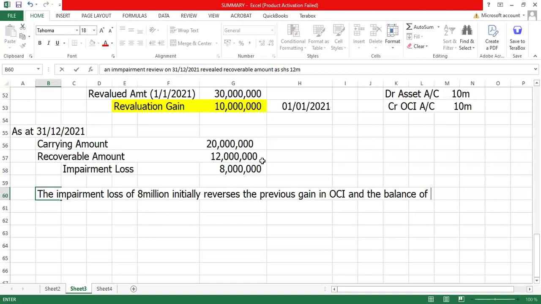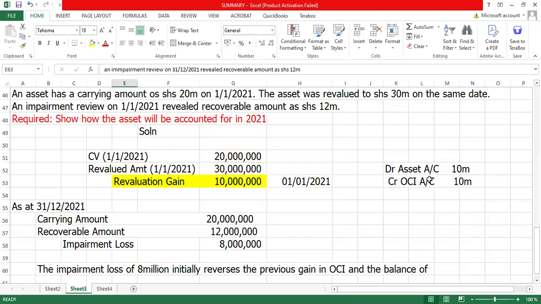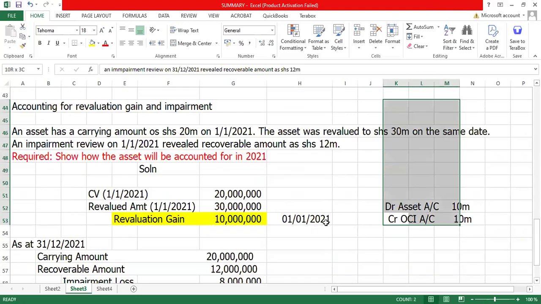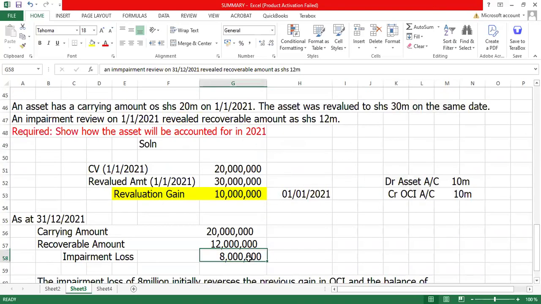Let me first write here. Initially we had the OCI of 10, and now the impairment loss is 8.